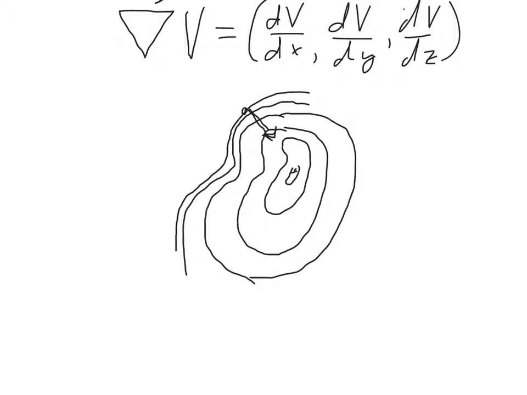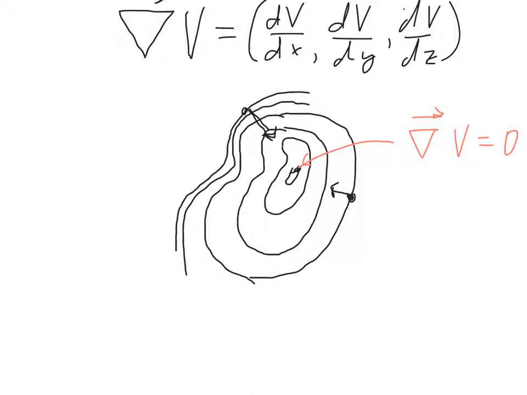Okay? And at a point over here, the gradient is a vector in this direction, but it's not as big because the hill isn't as steep there. At the very top, right up there, the gradient of this function would be 0.